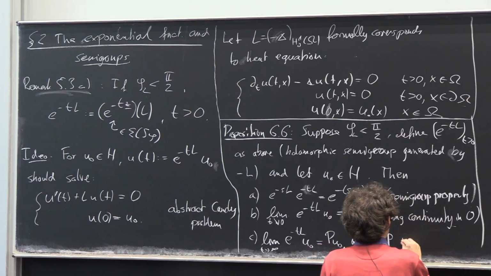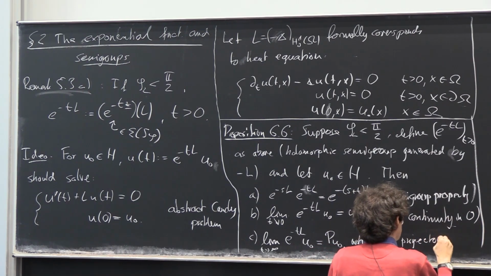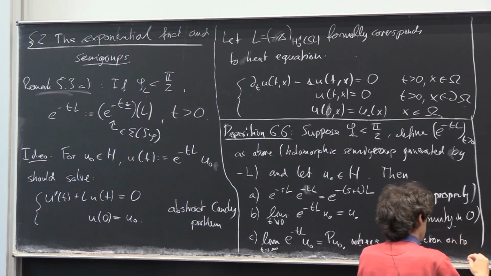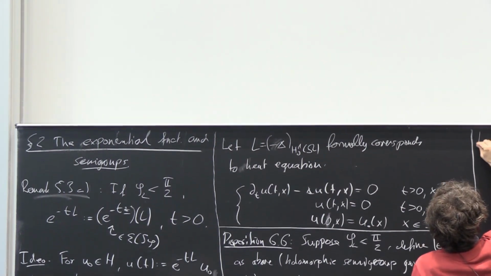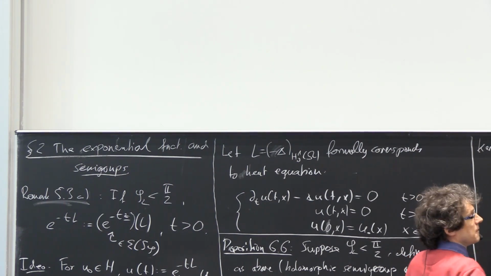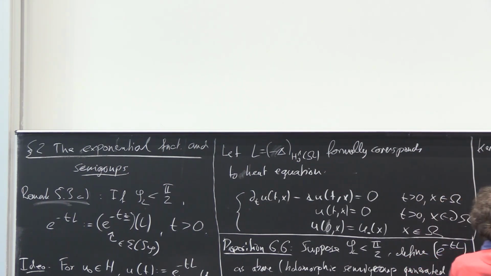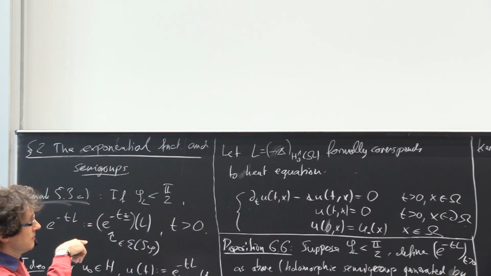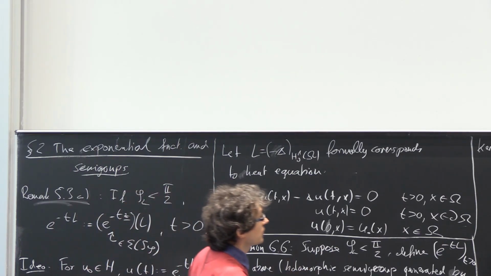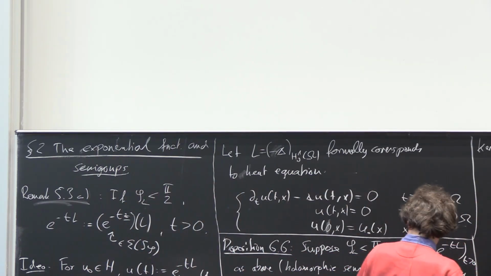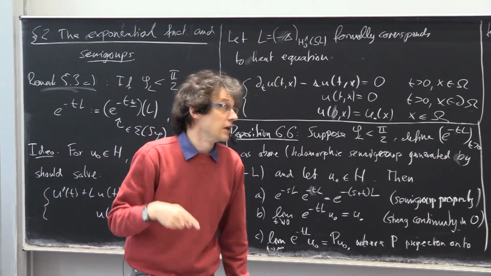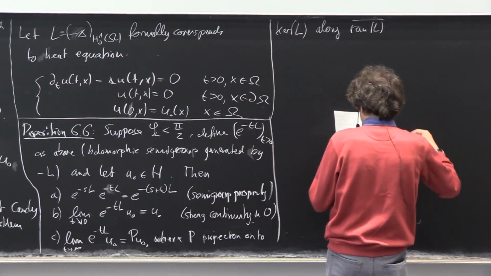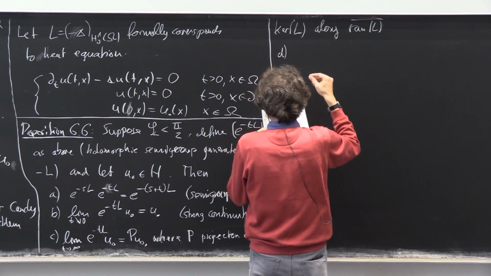P is a projection onto the kernel of L, but pay attention, in general it's not an orthogonal projection, it's a projection onto the kernel of L along the closure of the range of L. We know from chapter 2 for sectorial operators that the Hilbert space H can be decomposed into the kernel plus the closure of the range, and the projection here is just the projection to the kernel along the range. So this is the long time behavior of the solution.